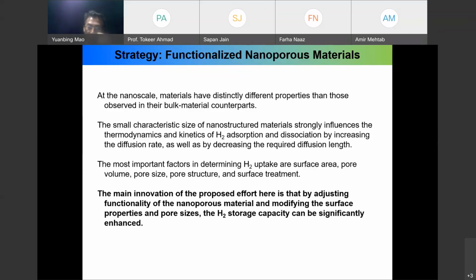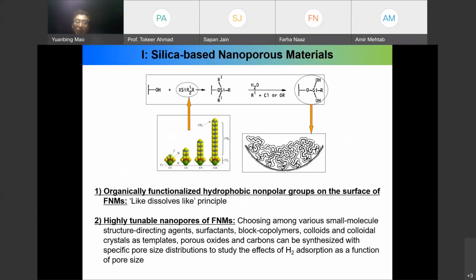So the example I'm going to show you, the main innovation is adjusting the functionality of the nanoporous materials and modifying the surface property and the pore sizes, so we can enhance the hydrogen storage capacity. That's what I want to show you.